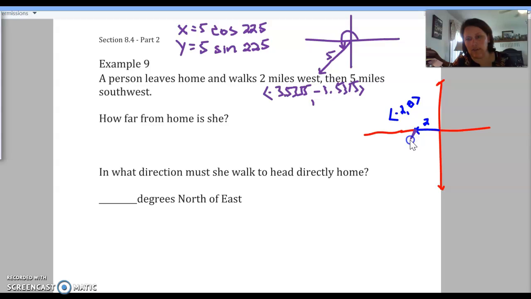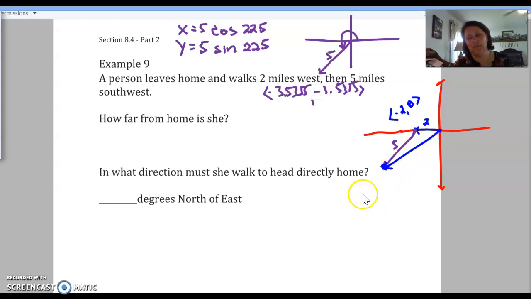So after she walks 2 miles west, then she walks 5 miles southwest. All right, so we added that on. So now our new component form, which relates a vector that starts at the origin and ends at this same point.